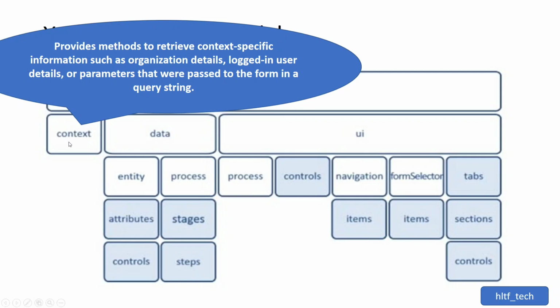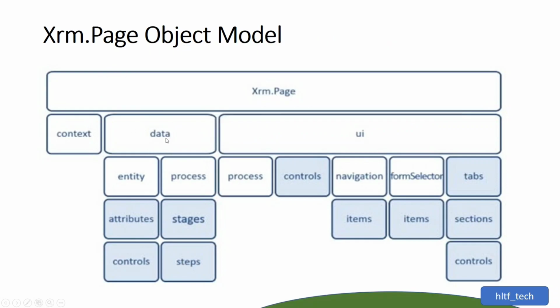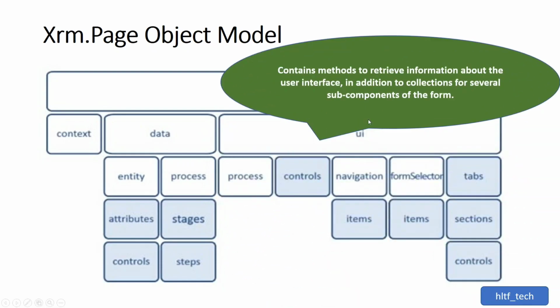Okay. The next part is the data part. The data part provides access to the entity data and methods to manage the data in the form, as well as in the business process flow control. It has different values: entity, process, stages, attributes, controls, and steps. They all are covered in the data portion. The next part is the user interface.